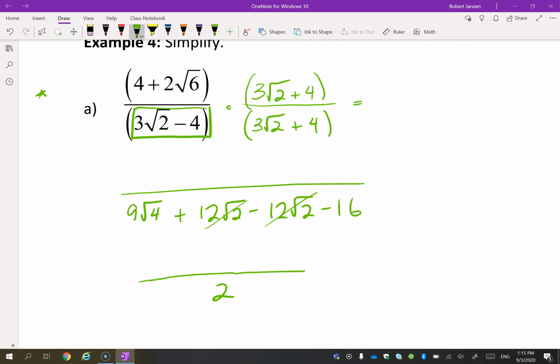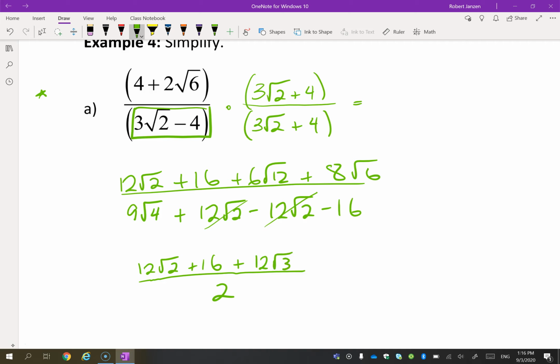Let's multiply the numerator now. So this is 12 root 2 plus 16 plus 6 root 12 plus 8 root 6. Now there's no like terms there, but I see I can simplify one of these. 6 root 12: root 12 can be written as root 4 times root 3.